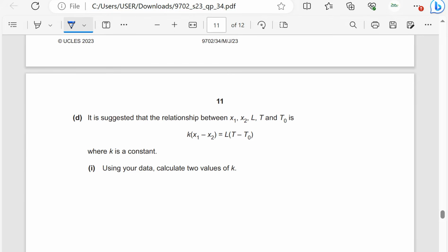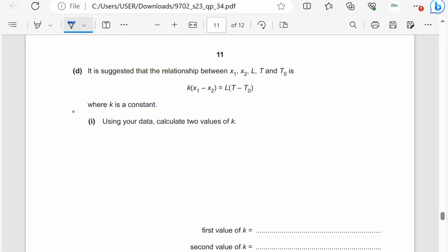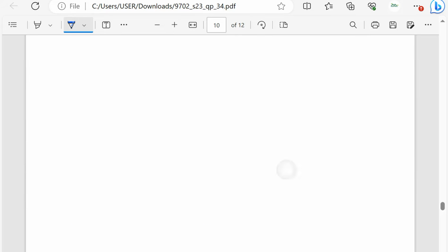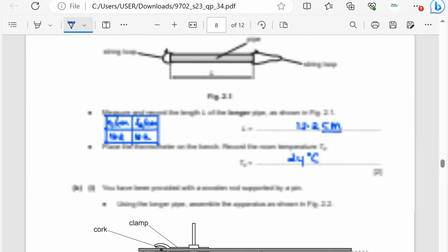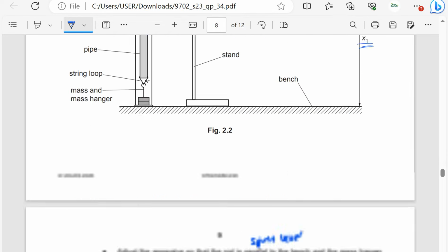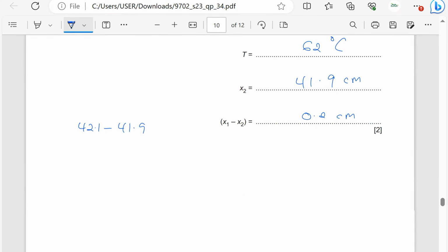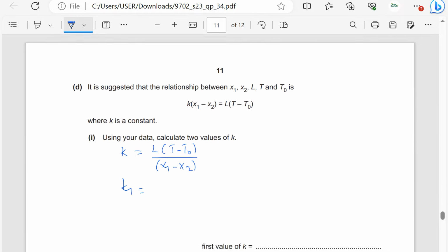It is suggested that the relationship between x1, x2, L, T, and T naught is given by that. So if we make K the subject, K is going to be L into T minus T naught divided by x1 minus x2. Use your data to calculate two K values. So the first K value, K1. Our first value of L was 12.2 centimeters.